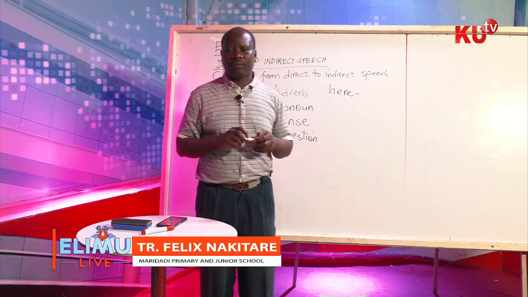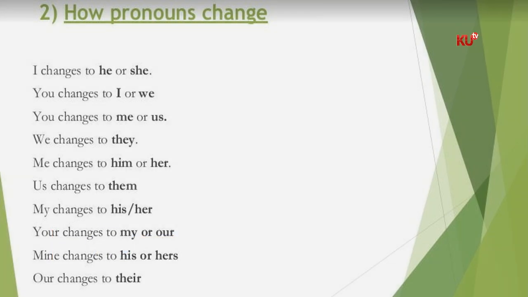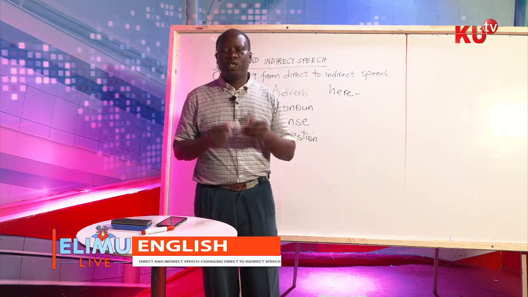Pronoun number 4 is me. For instance, I can say, give that book to me. That me changes to him or her. An example in a sentence. The teacher said, and I quote, give that pen to me.